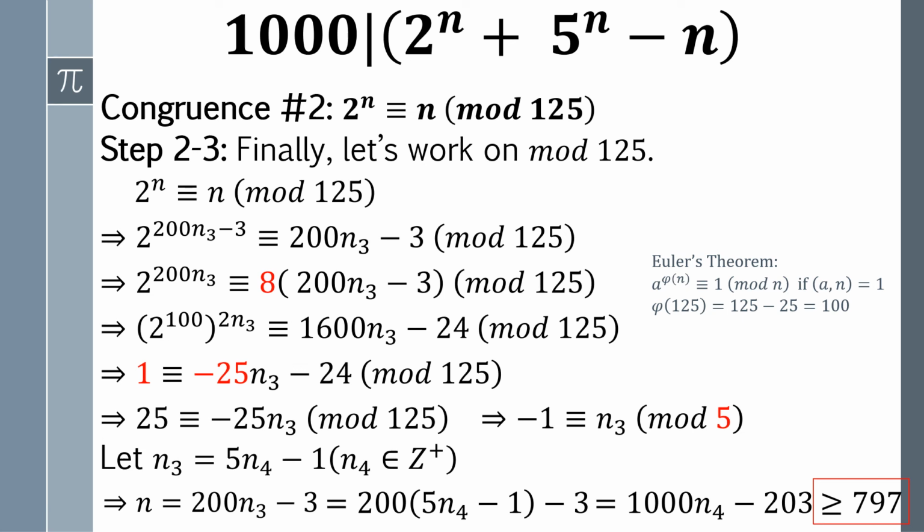So 797 is the minimum value of n that we can find, so that 2 to the nth power plus 5 to the nth power minus n is a multiple of 1000. This problem gets resolved.